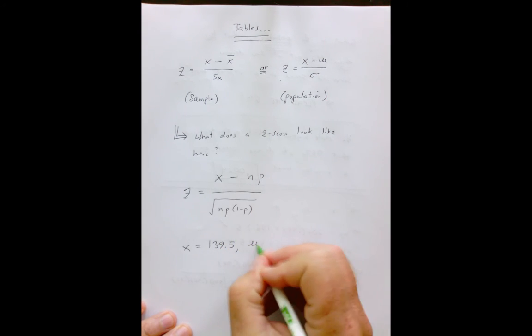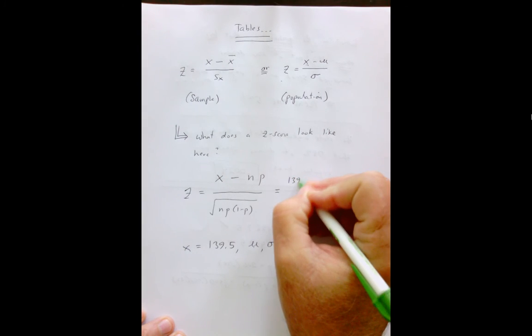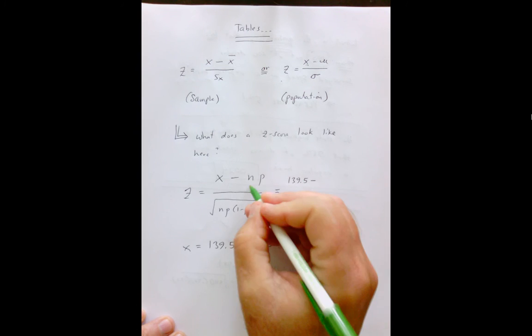What are the mean and standard deviation? Well, we know those. We've done those on the previous page. Mu is n times p. Sigma is the square root of n times p times 1 minus p, just as we've got right here. So we can calculate the z-score by taking our x minus the mean.